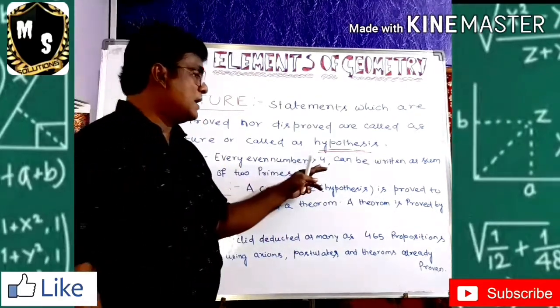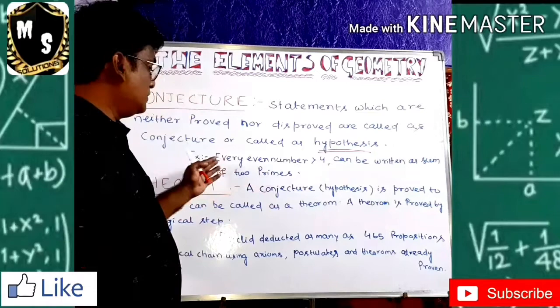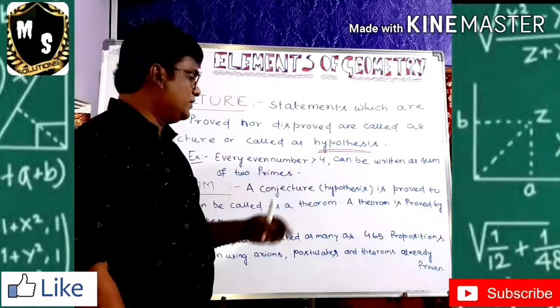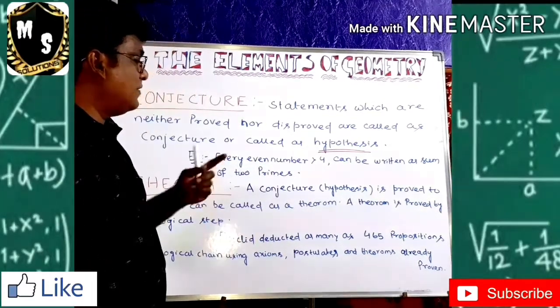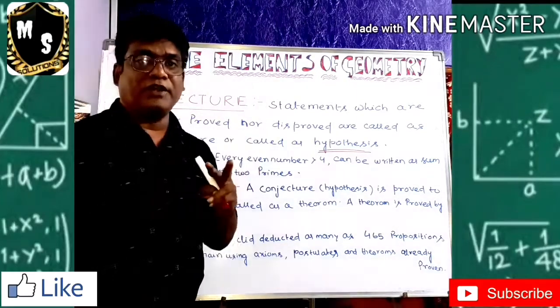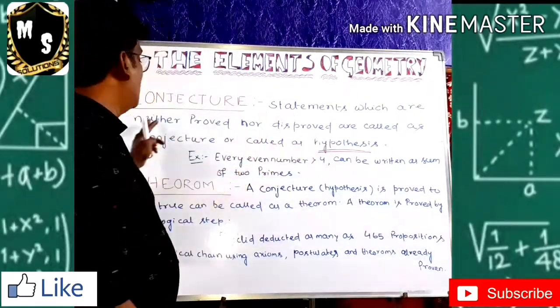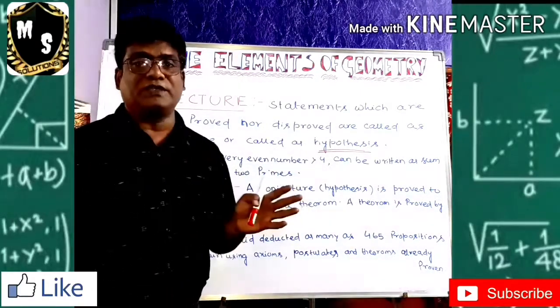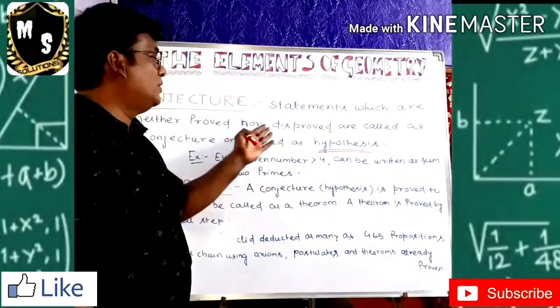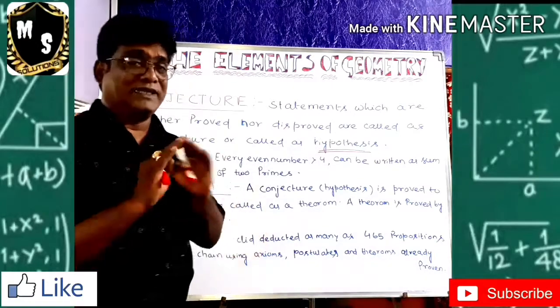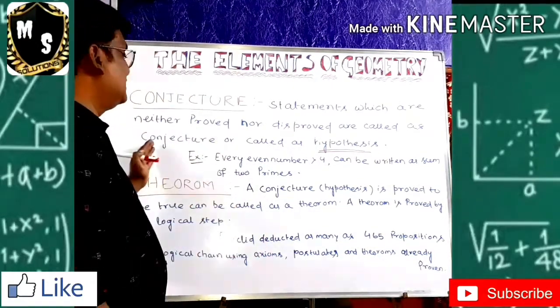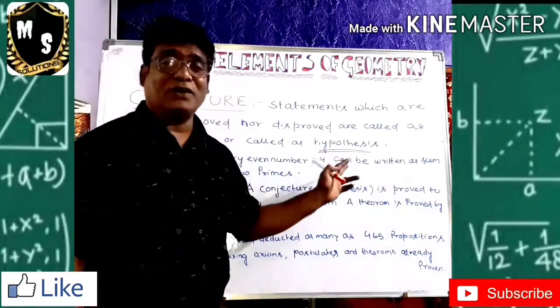Greater than 4, let it be 5. Can 5 be written as 2 plus 3? Nobody has proved this, and it is not disproved either. In that condition, it is called a conjecture or hypothesis.